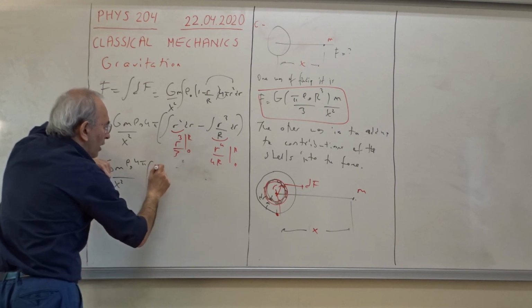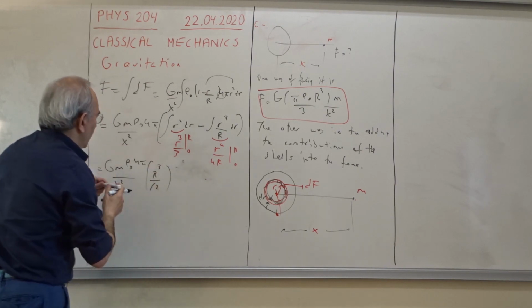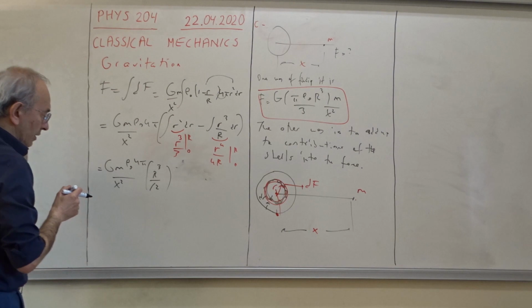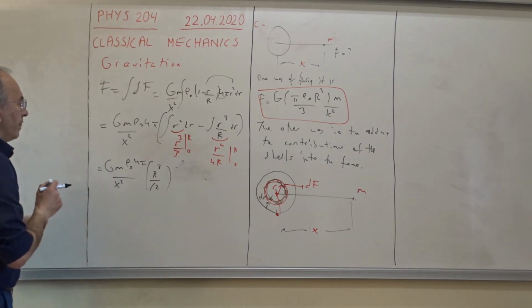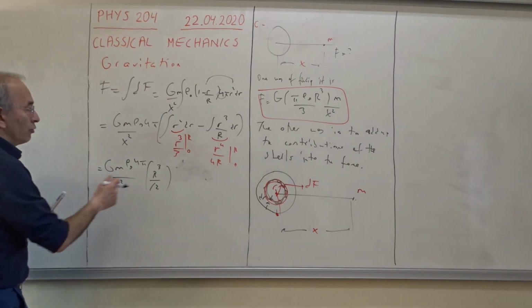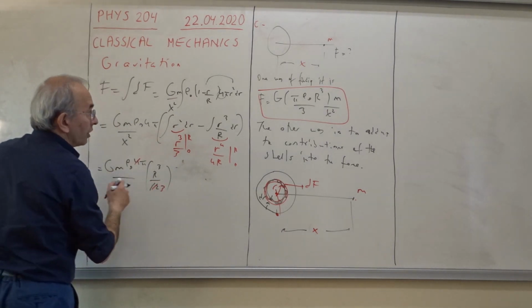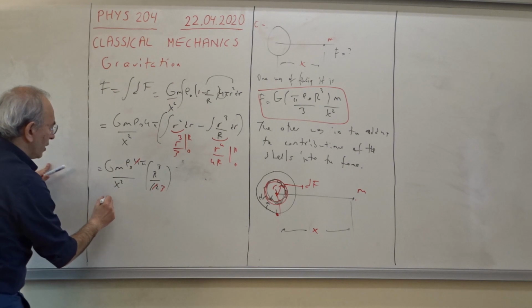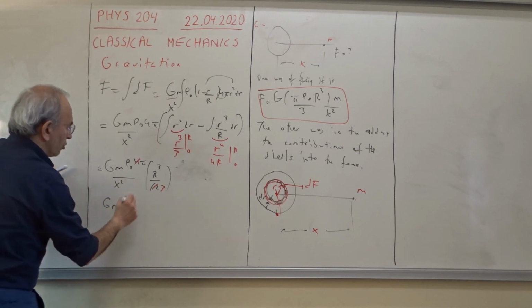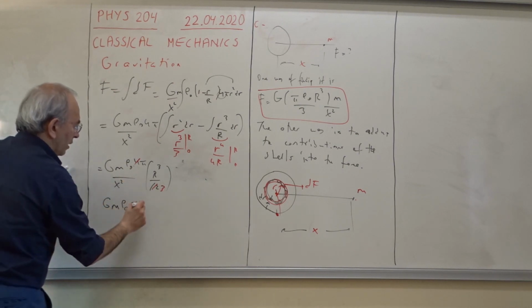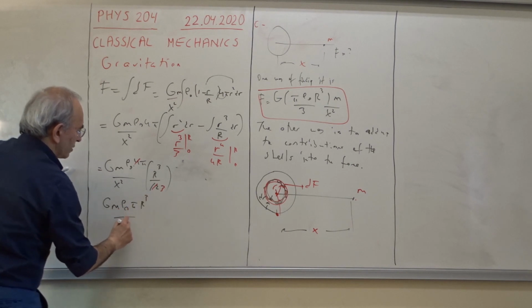So we have R cubed over 12. Let's see now the cancellations. Do we get the same result? Let's see. And these become 3. So here we have G M rho 0 pi R cubed over x squared.